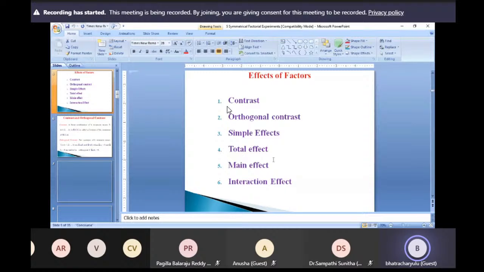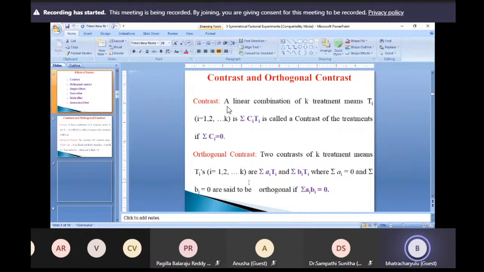Actually, in the previous part you can see treatment star block, which is nothing but an interaction effect. Now, what are these? Contrast, orthogonal contrast, simple effect, total effect, main effect, and interaction effect.